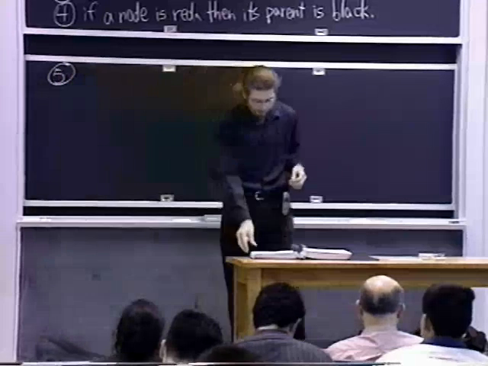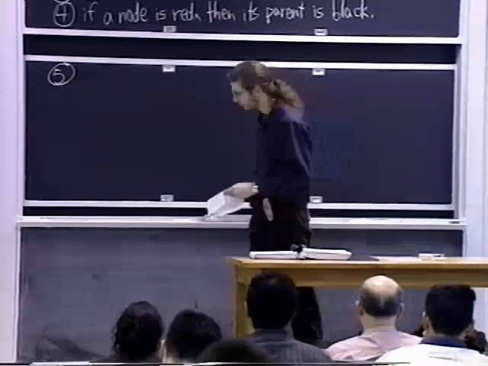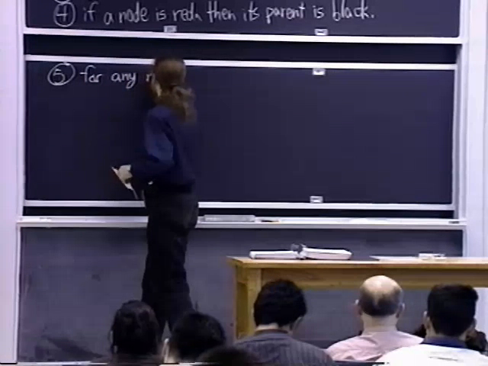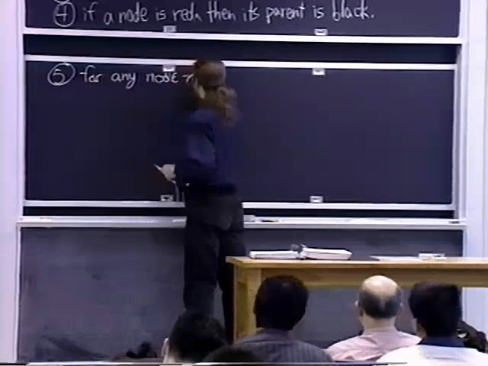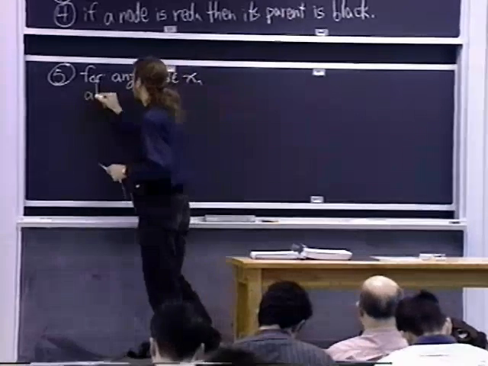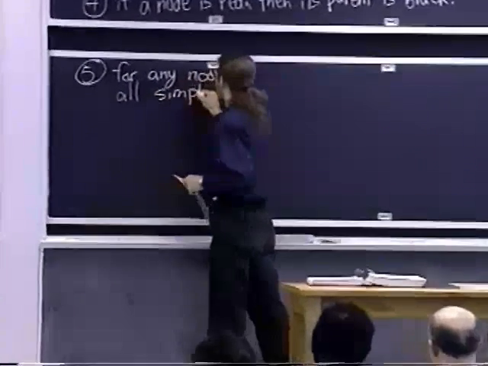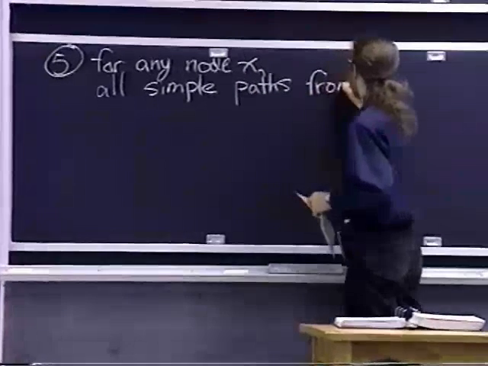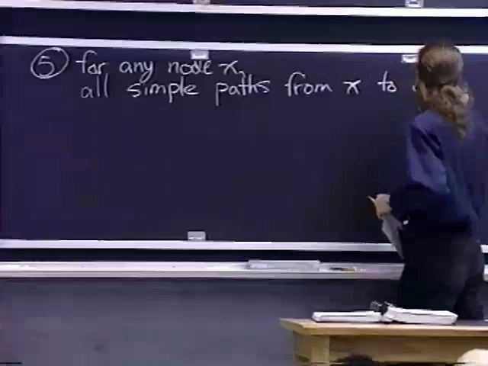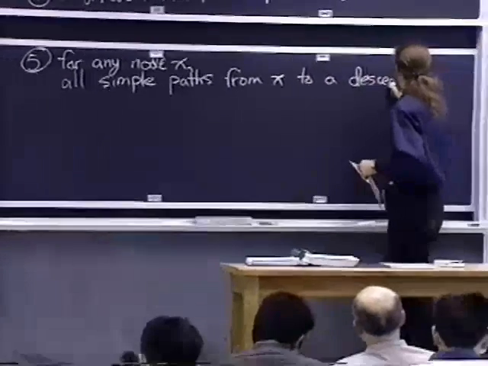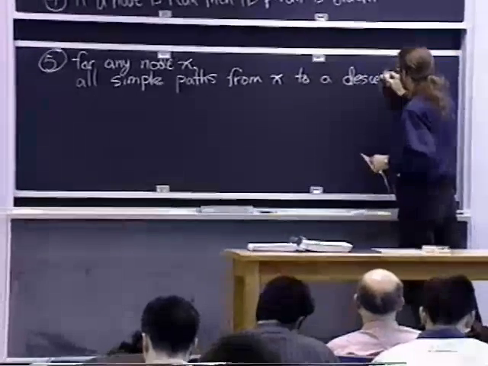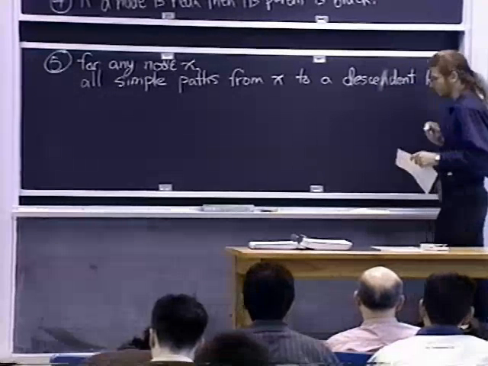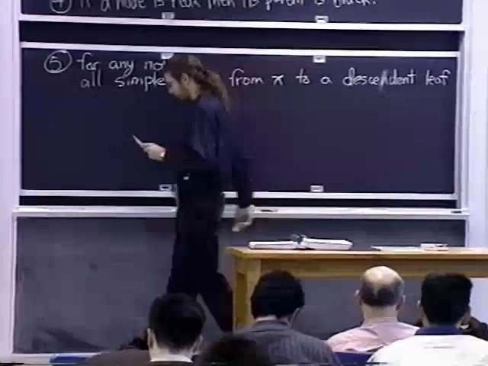Let me get the wording right. So suppose we take any node x. Then if you look at all simple paths from x to a leaf, they all have the same length in terms of black height.